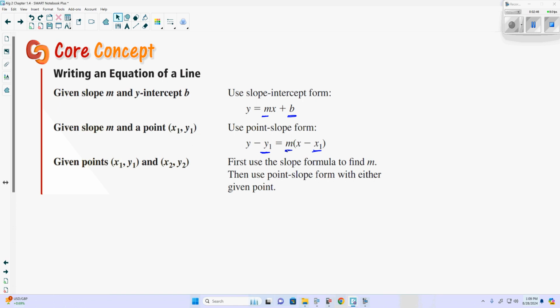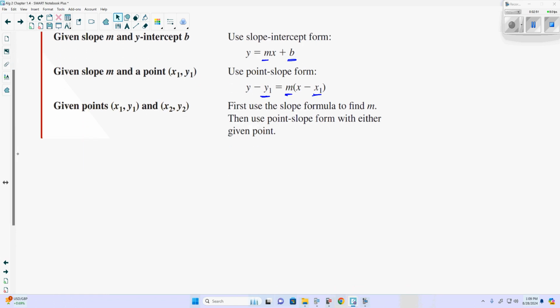Now, given two points, there is technically a two-point formula, but I don't feel any reason to actually use it. I wouldn't even write this down because it is the same thing as point-slope. The only thing we did is take the equation for slope and replace it with m. I think there's too much going on here to keep track of everything.